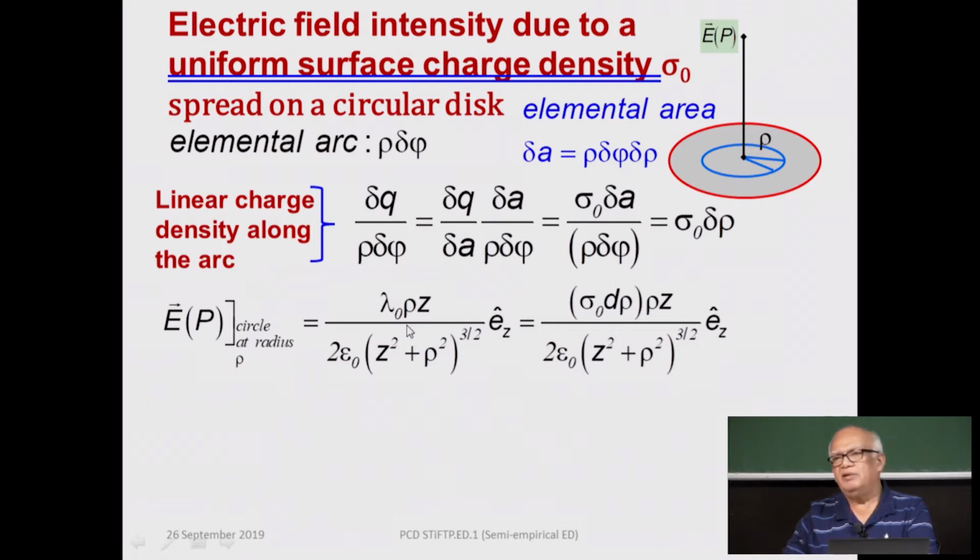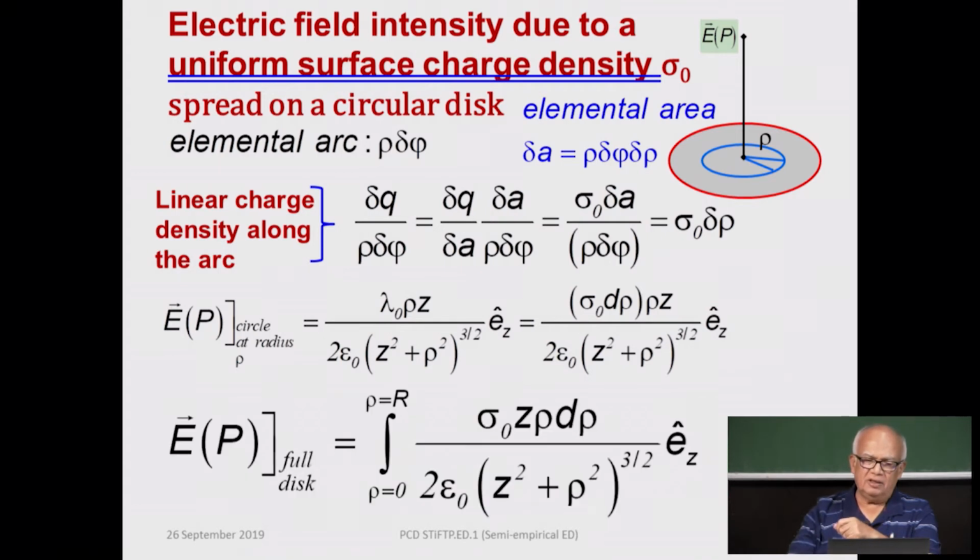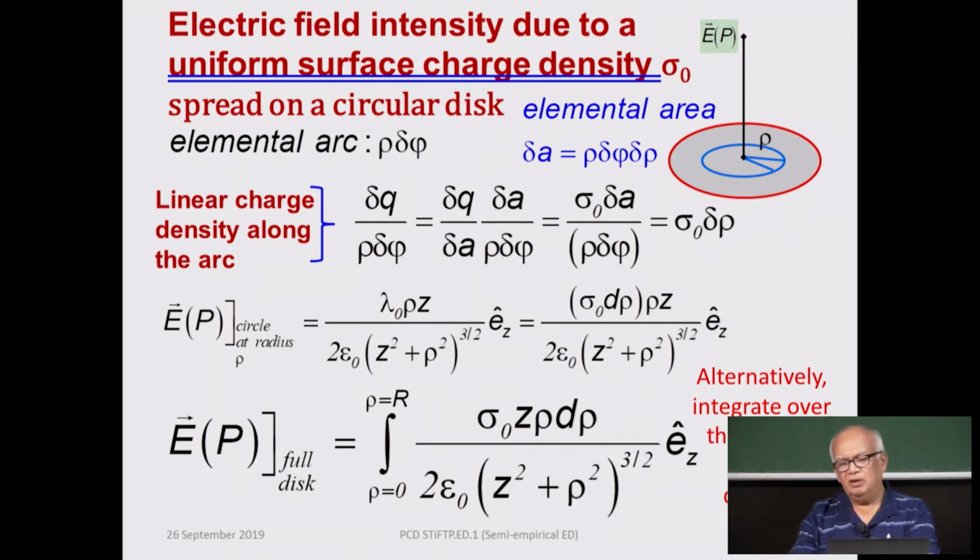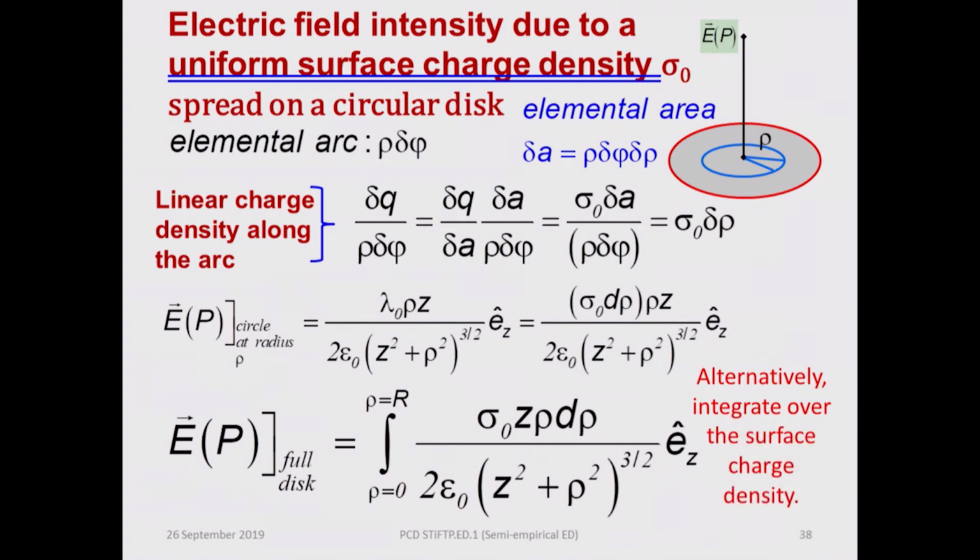Then, using the result of the previous example, you find the intensity at that point due to this circular loop, and then integrate this result as the radius of this loop goes from 0 to the radius of the flat disk, which is capital R. So rho is the radial coordinate in the plane polar coordinate system, and you carry out this integration. But as I mentioned earlier, you can certainly carry out the integration over the surface if you wish.